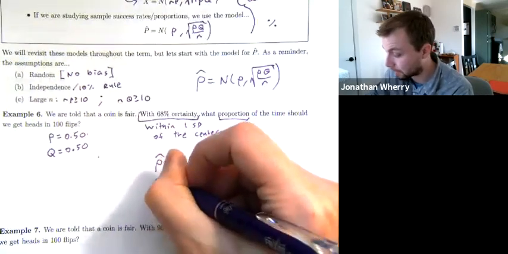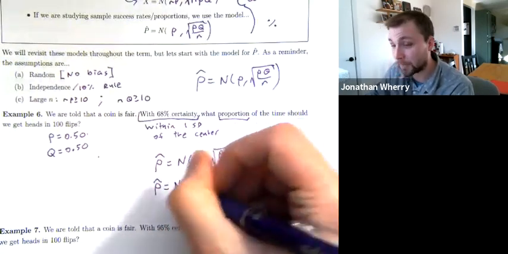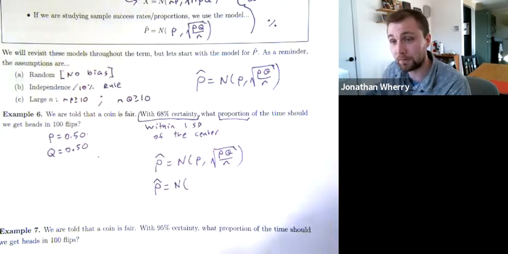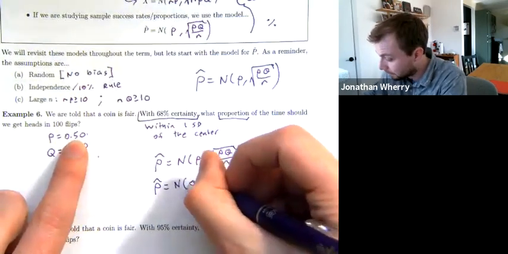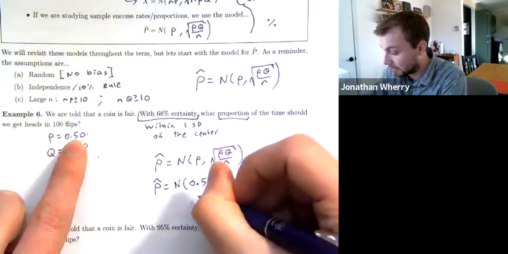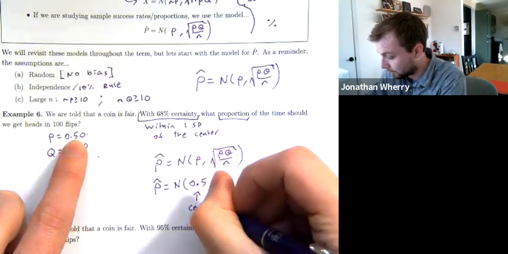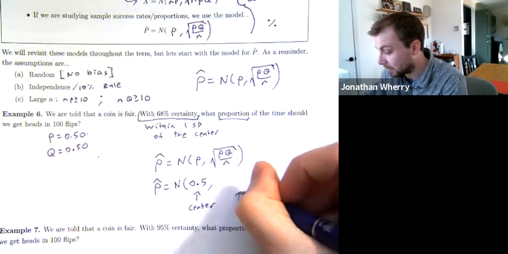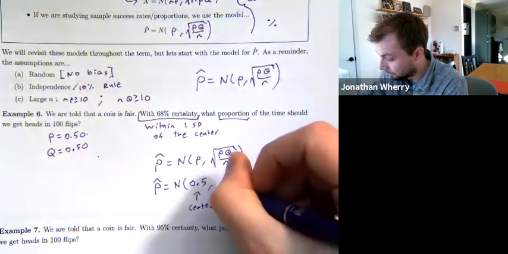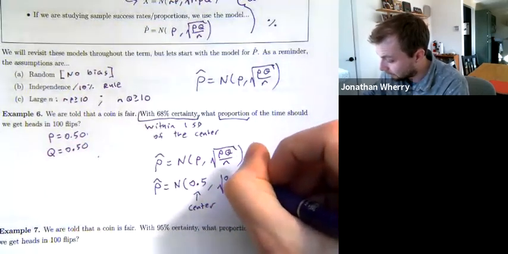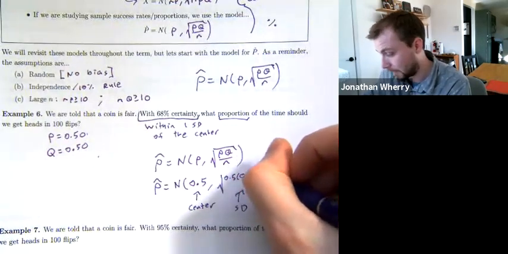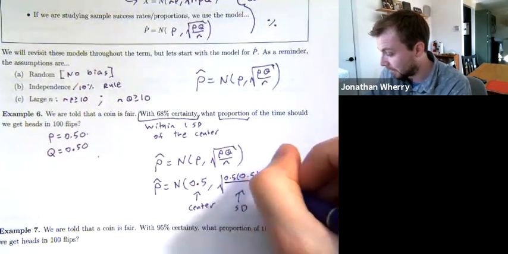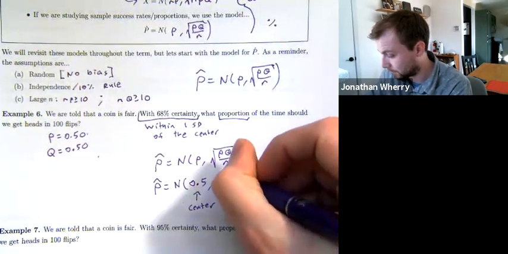I actually never plug anything in for this. It just reminds me that I'm looking at percentages for a sample. I do plug in 0.5 here for P. That's the center of my model when I'm drawing my picture. And as a separate thing that I'll type in my calculator, I have the square root of my P, 0.5, my Q, 0.5 again, and my N, 100.